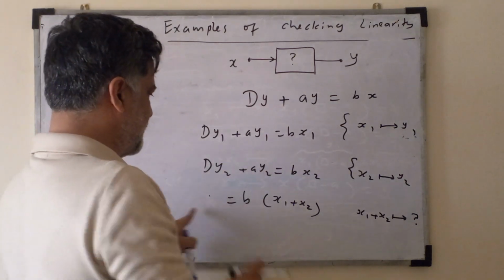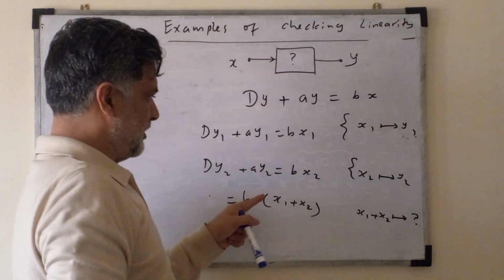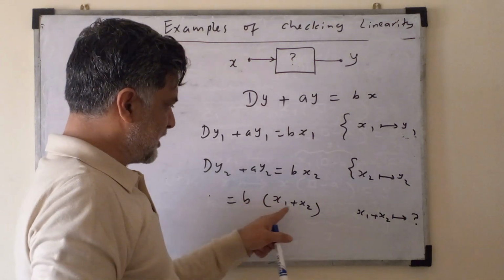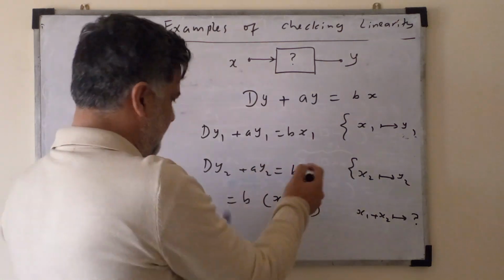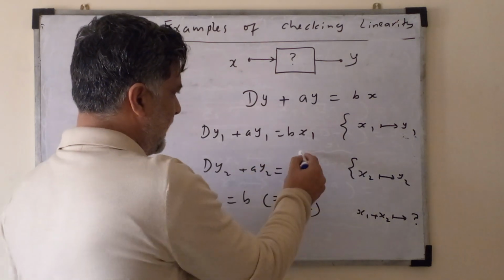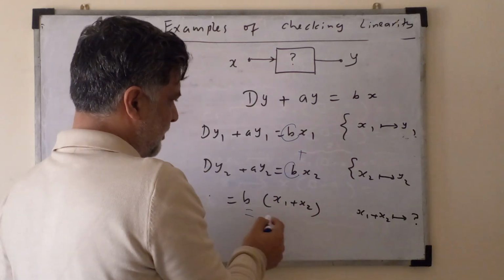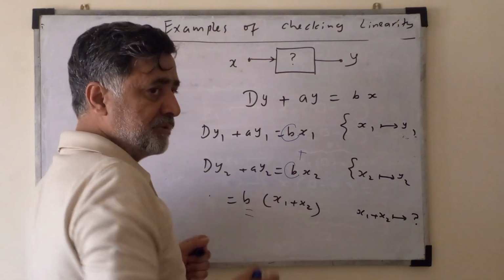I will have to show that the left hand side is still as if I'm adding. So what if I add these two equations? I can take b common and I will have this thing. So it's the same as if I'm adding the two equations.